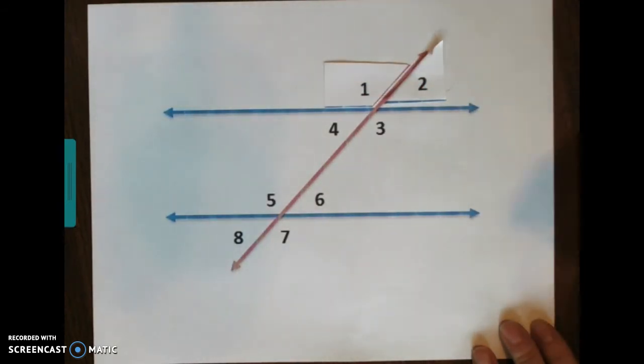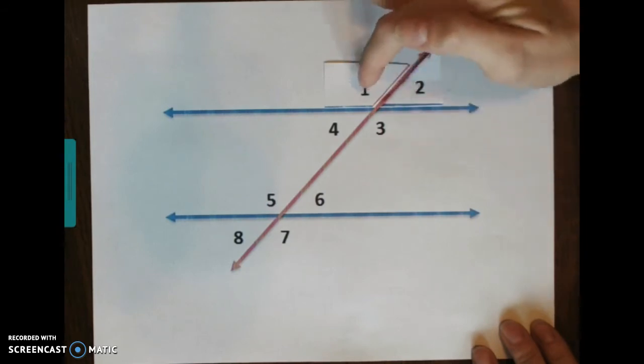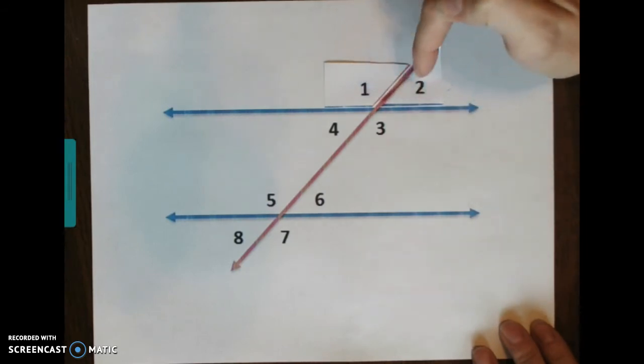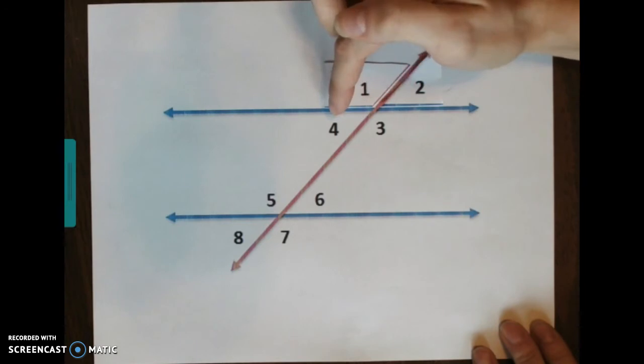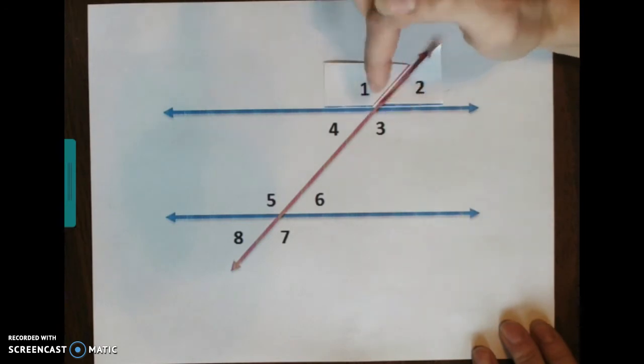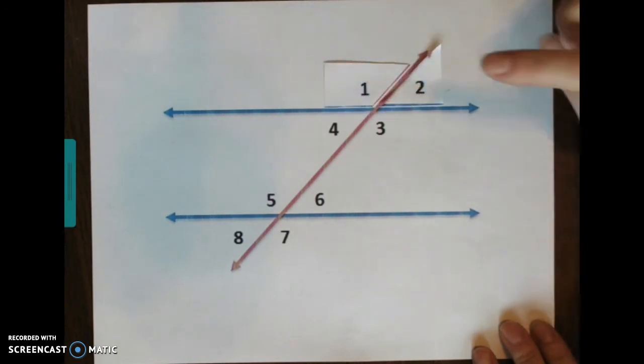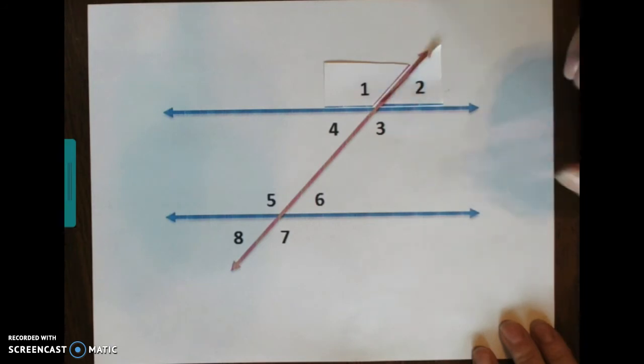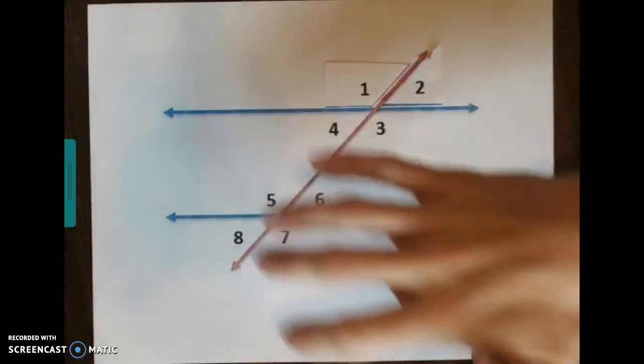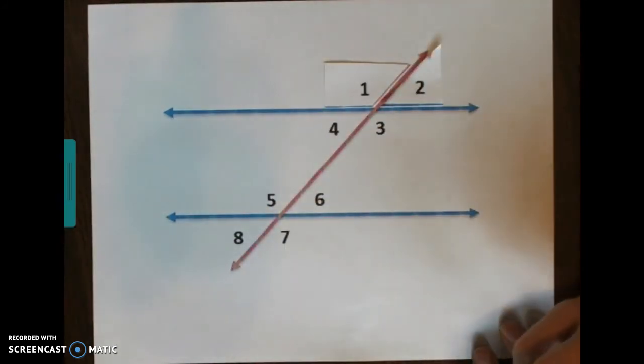The other thing I wanted to mention is notice here how angles 1 and 2 are a linear pair. We know anytime 2 angles form a straight line, they have to be supplementary. So angles 1 and 2 have to add up to 180 degrees. But what's cool about that is that means that any angle in this diagram that's not congruent is going to be supplementary.